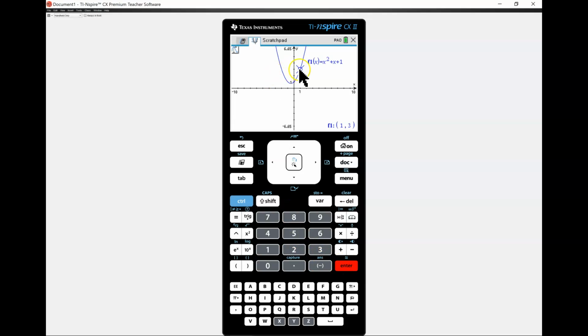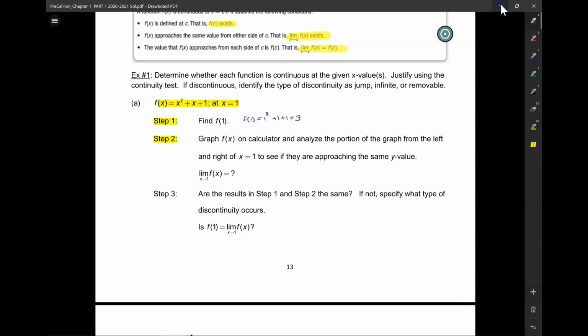Immediately before it, what's the y value? About 3. Immediately after it, what's the y value? About 3. That tells you that the limit of f of x as x approaches 1 is 3.